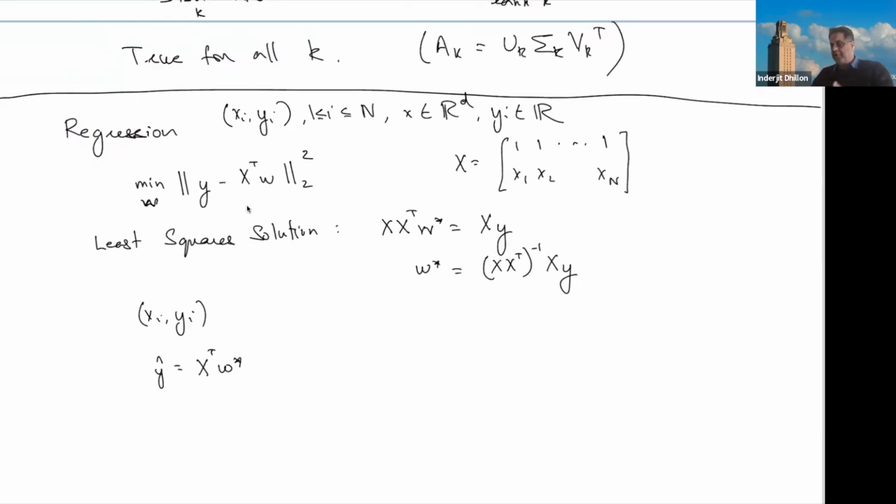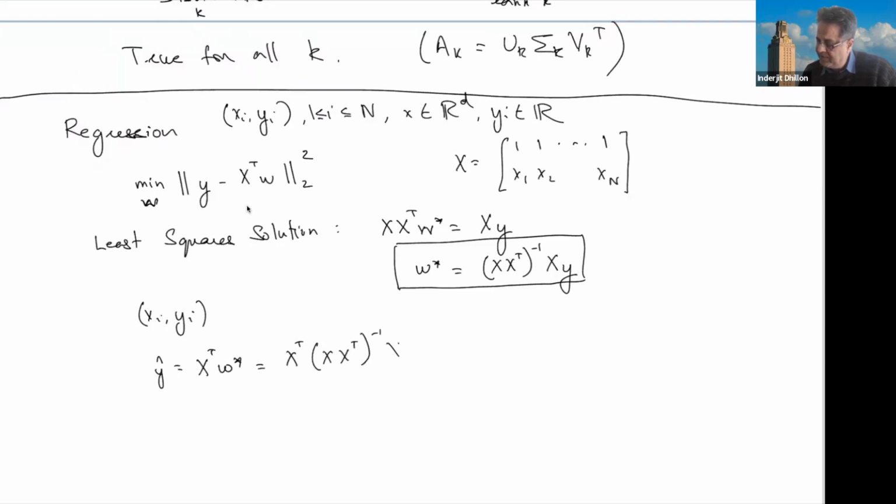I can think of it as an approximation to yi, which is the actual value. So given that W star is this quantity, Y hat is X transpose times XX transpose inverse times XY.